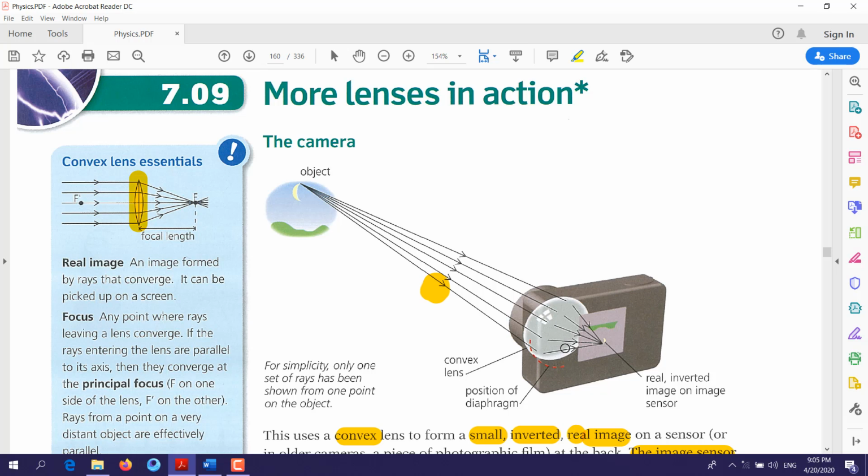So what should happen? This lens should move farther from the sensor. In this case, when the lens moves farther, the image will show clearly here, and it will fit the sensor.